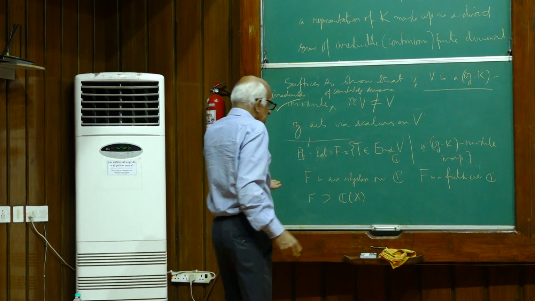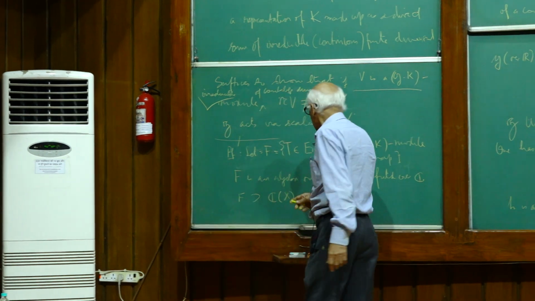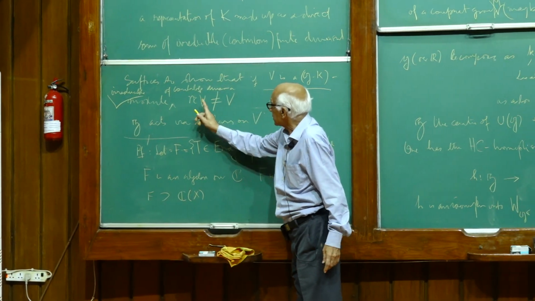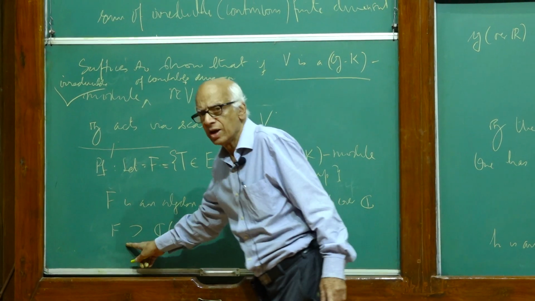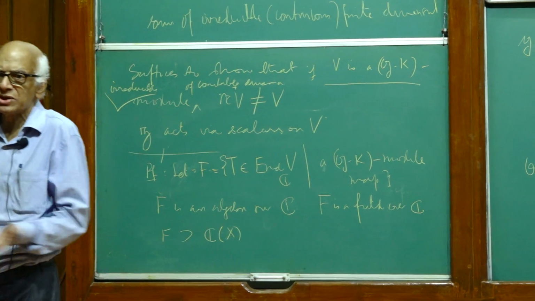And because it has an uncountable dimension, the vector space V itself, being a vector space over this field F, will have uncountable dimension over C, which is absurd.